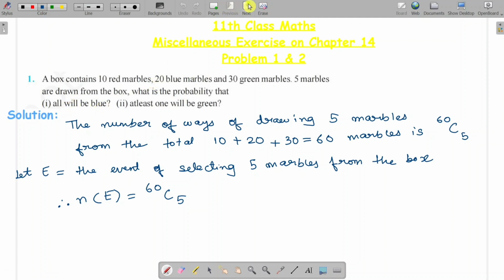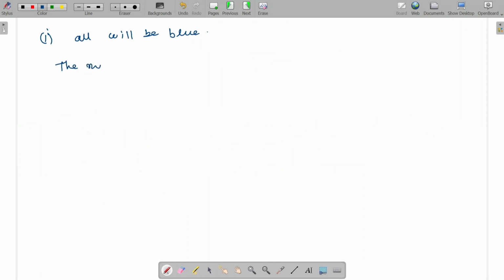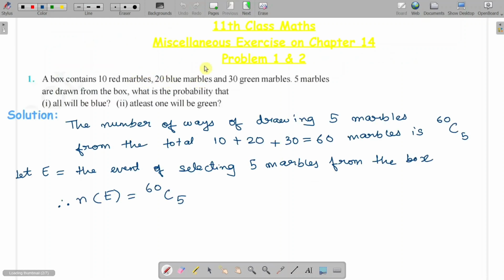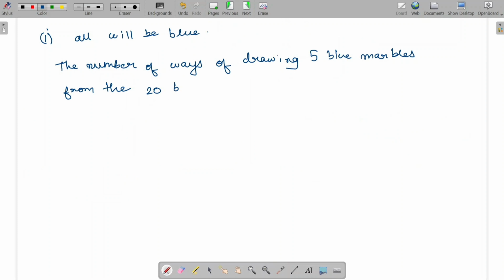So let us write the number of ways of drawing 5 blue marbles from the total blue marbles. How many total blue marbles are there? 20, right? From the 20 blue marbles it is 20C5. Okay, 20C5.